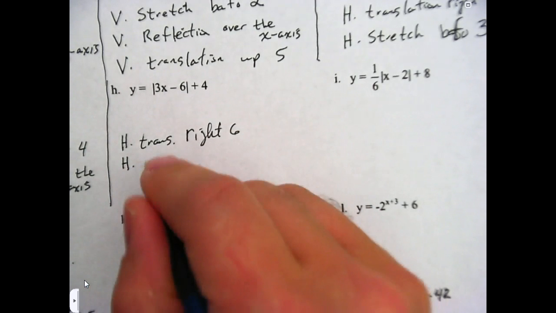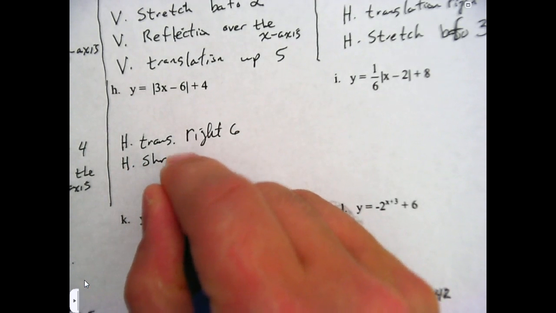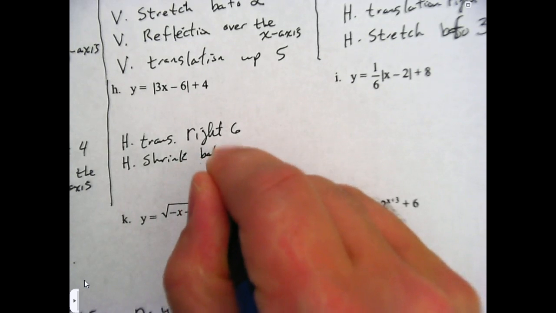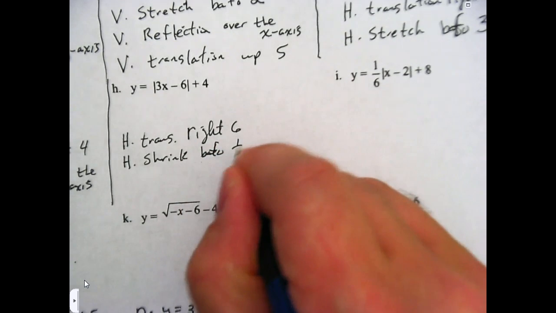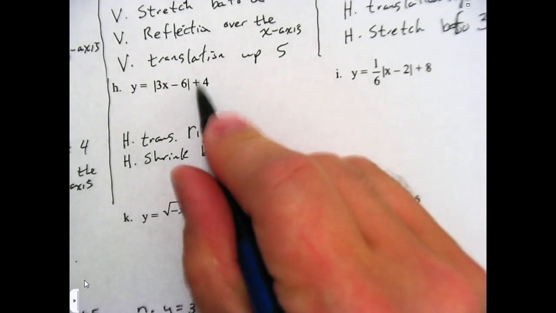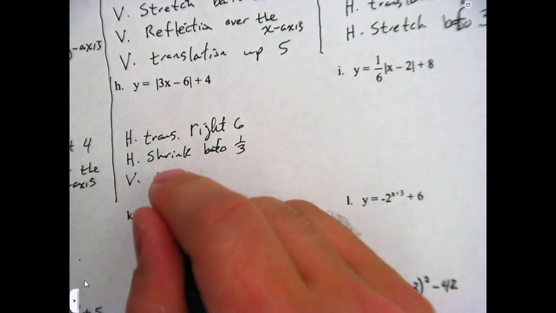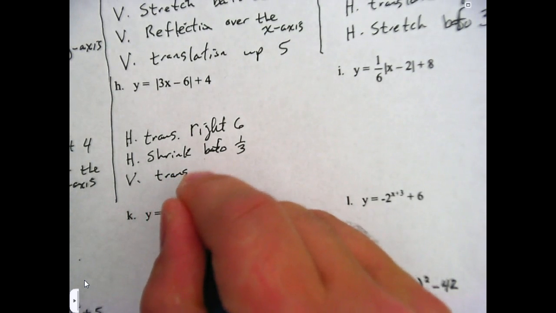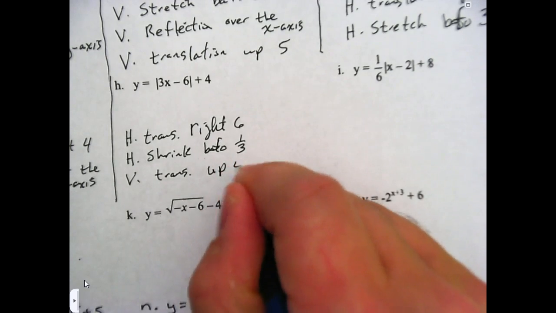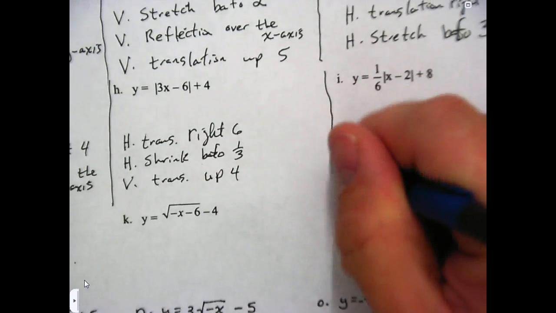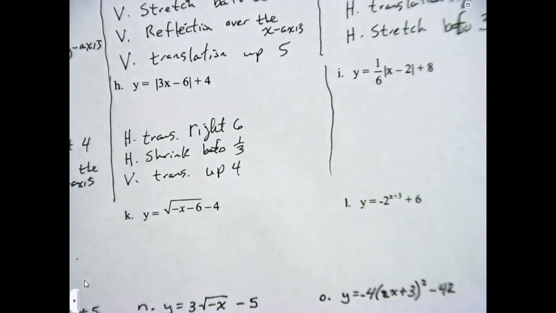It's a horizontal shrink, by a factor of 1/3. And then we deal with the 4, which is a vertical translation up 4. How many got it? How many got at least 2 parts of it? I got one. Hey, let's get more.